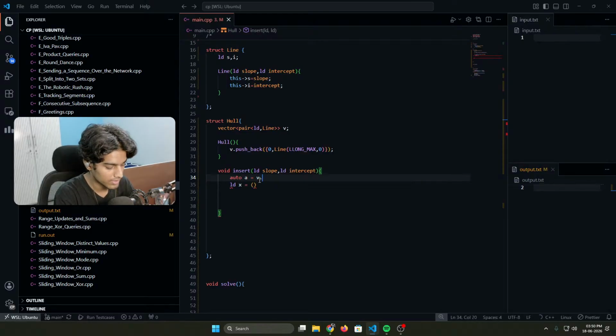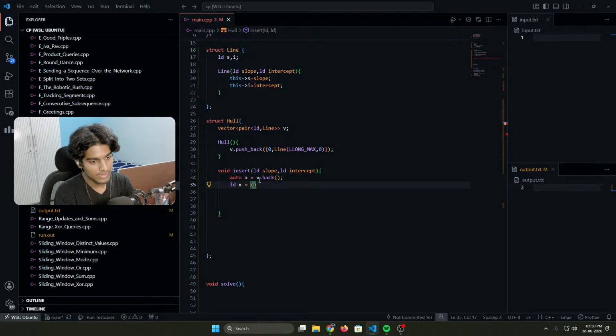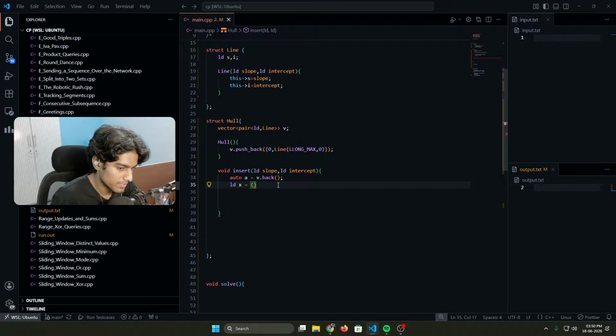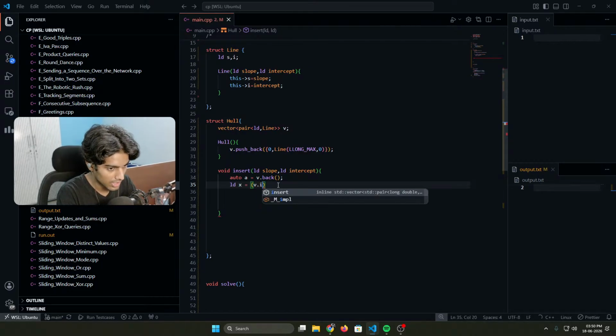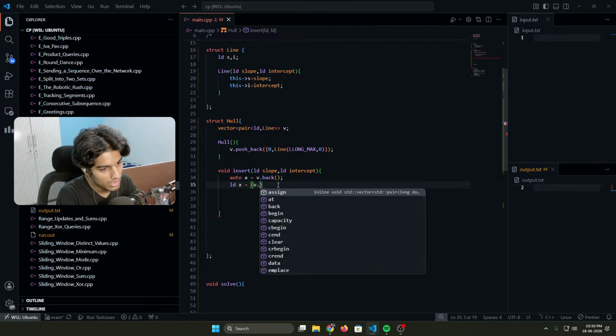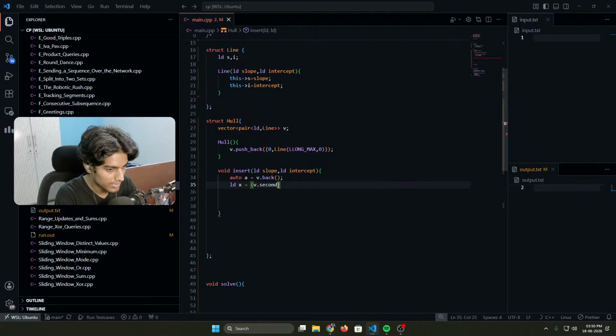So this is basically V dot back. Okay, we have this stuff, and the point of intersection is basically V dot I, V dot second. This is going to give me a line.